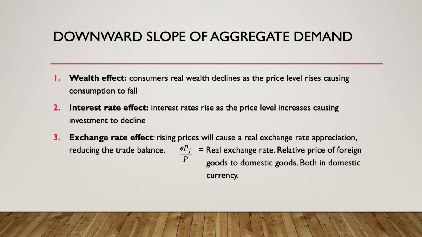In the numerator, we have PF, which would be the price of foreign goods, and that would be denominated in euro or yen or yuan renminbi, but we've multiplied it by the exchange rate in order to convert it into dollar terms. So up there we have the dollar price of buying foreign goods, and then in the denominator we of course have P, which is the domestic price level.